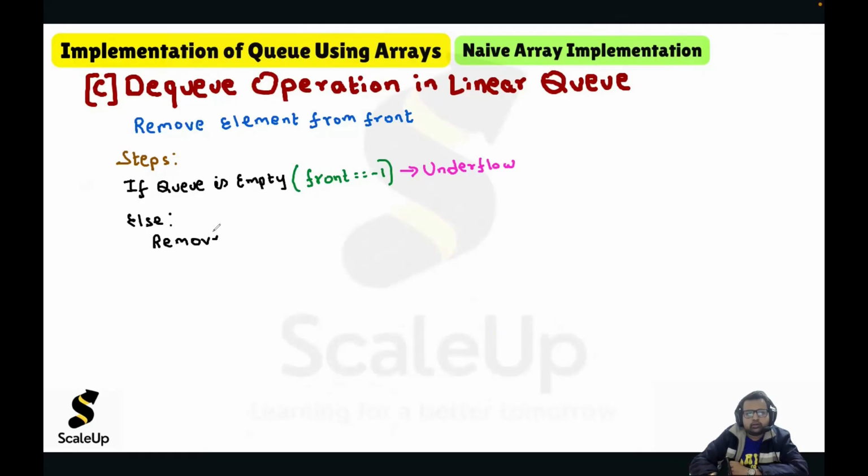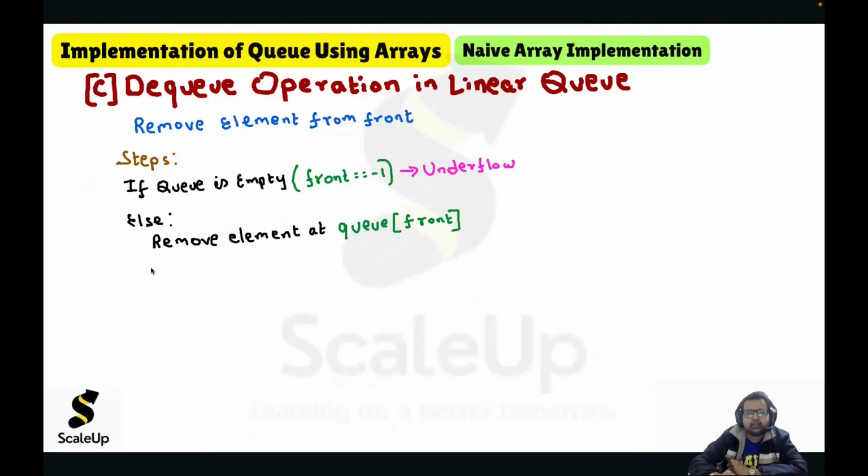Otherwise, first remove the element at queue front, because front will be pointing to the index of the element we have to remove. Because Q is the array, front is the index, so it is pointing to an element. We have to remove that element.